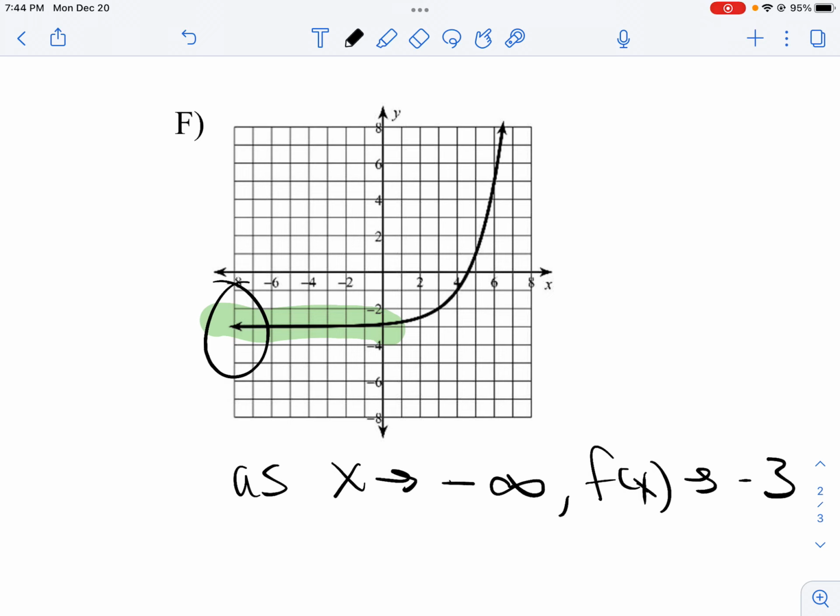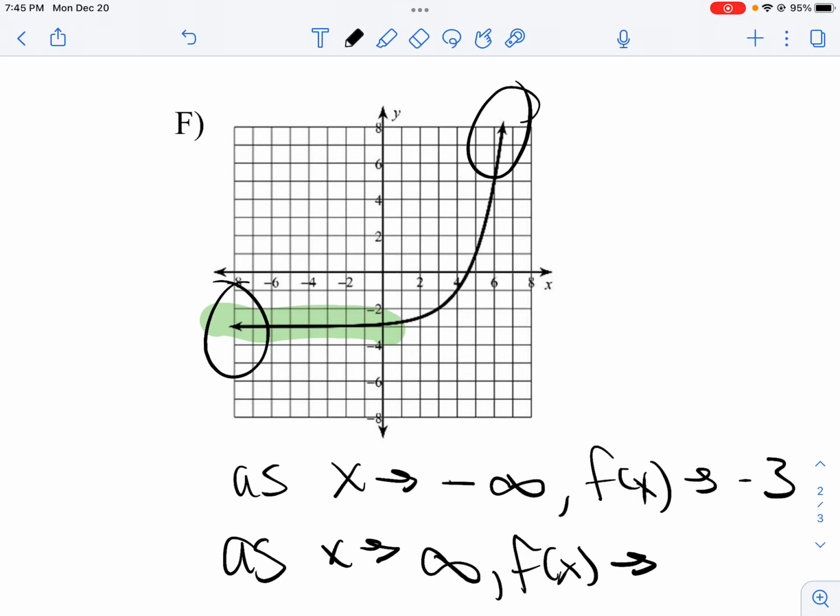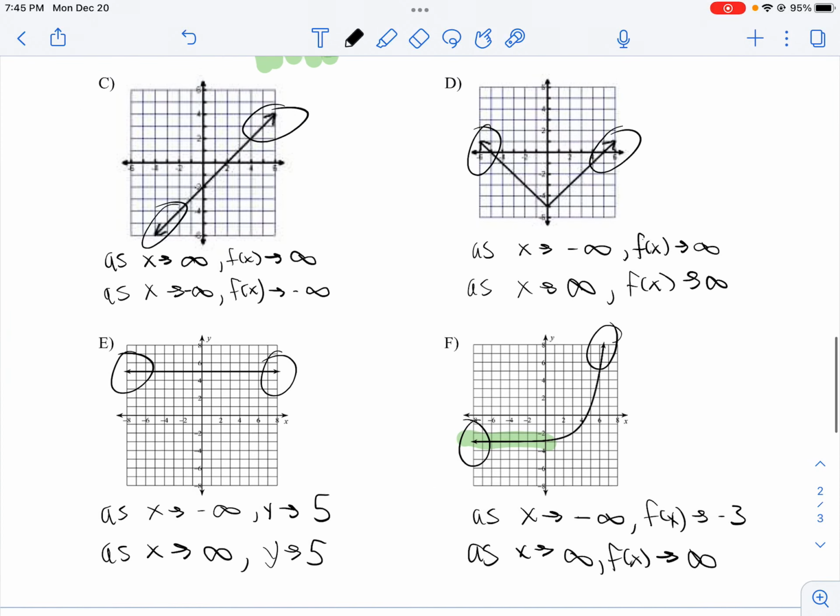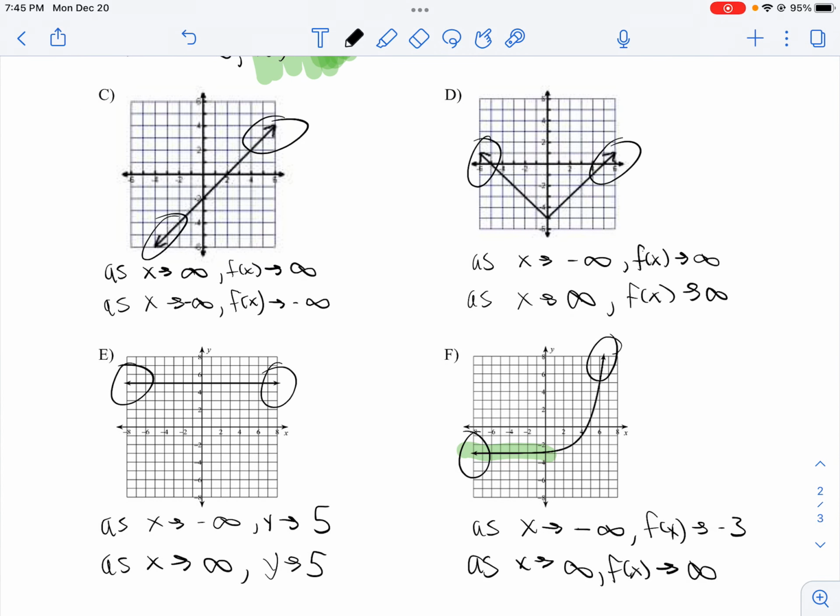It's getting closer and closer and closer. And that's totally valid. If it's not going up or down, say where it's going, what value is it getting closer to? That's the same thing. So as x goes to the right, we'll notice that arrow is pointing up, so we can say that it's going to positive infinity. And that would be end behavior for all the situations you're going to see. Alright, thanks for watching.